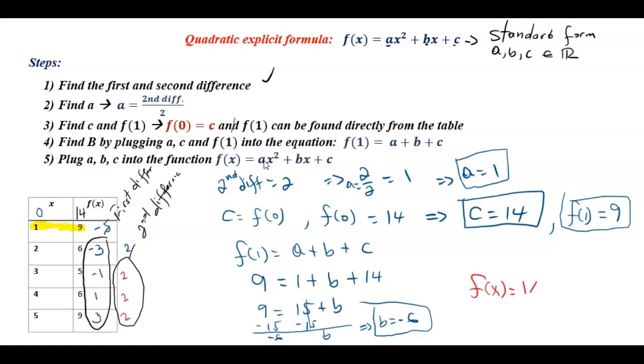Plus, well actually b is negative, so minus 6x, and c is plus 14. 1 is neutral, so you don't really need that one. So f of x equals x squared minus 6x plus 14.